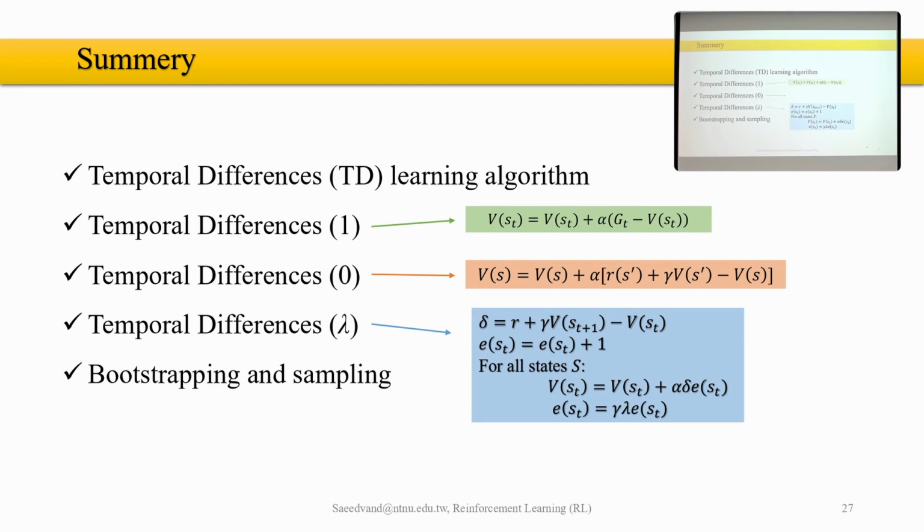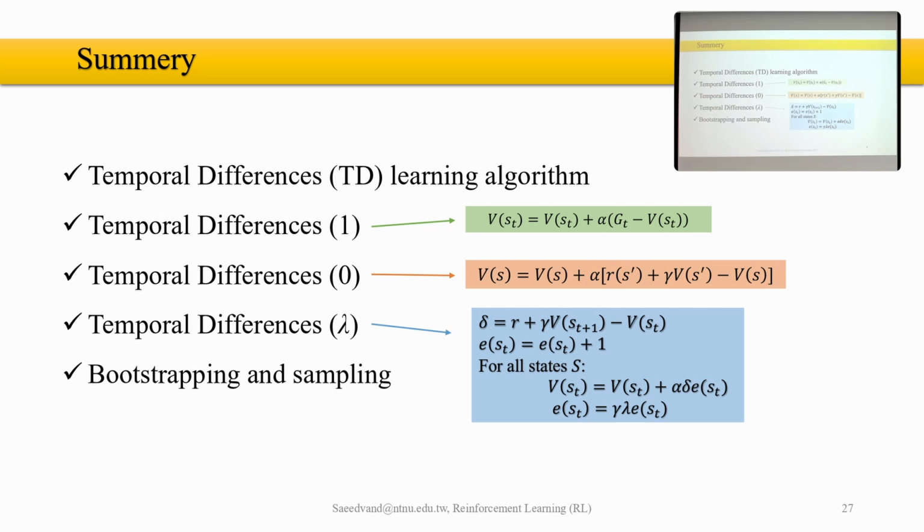As I told you, these are very important topics that we need to understand. So if I want to summarize this chapter, we talked about temporal differences first, then the TD1 technique. We saw that using this term, we can update the value. Then we talked about temporal differences 0, where this term is used for updating the value. Since these were prediction techniques, we already have a policy and try to converge and update the value.